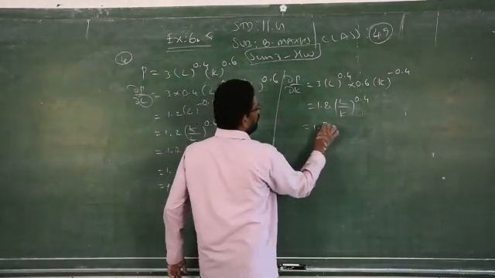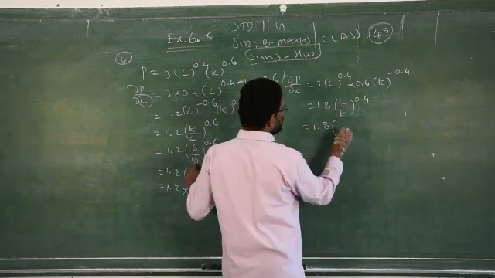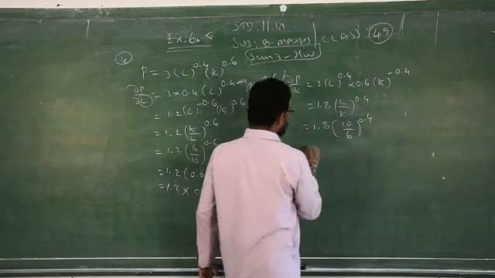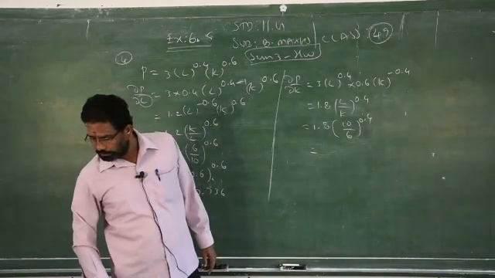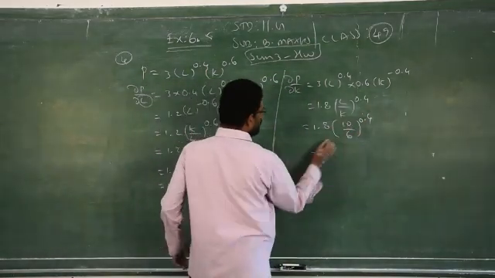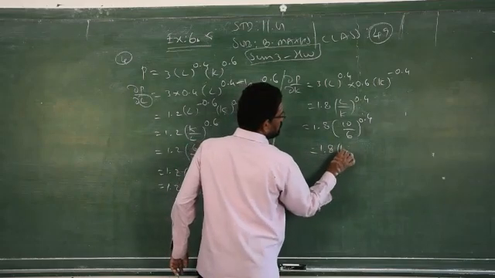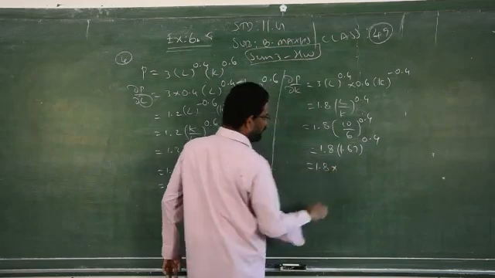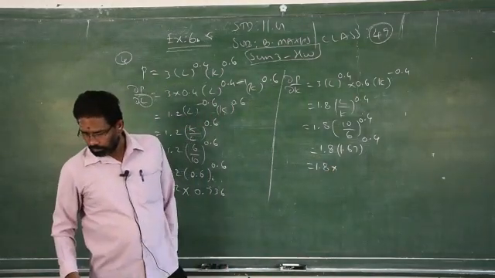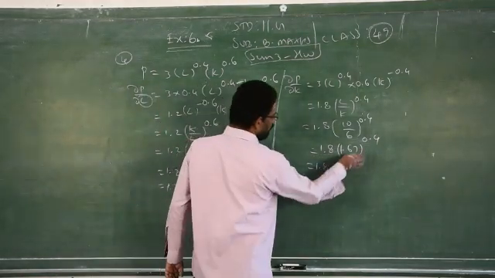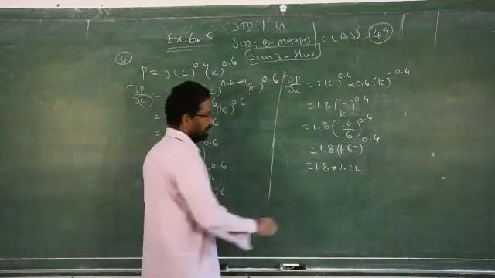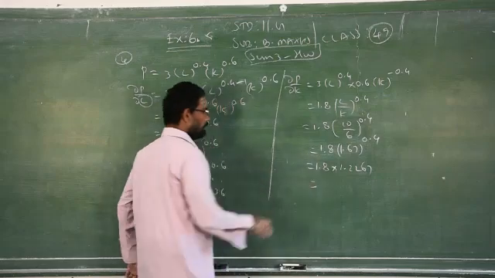Similarly here 1.8, L is 10, this is 6, power 0.4. So the answer is given very clearly, 1.67. When you divide this one, you will get 1.67 power 0.4, 1.8. The value of this one is given, 1.22, that is 2267. So multiply, you will get the answer.